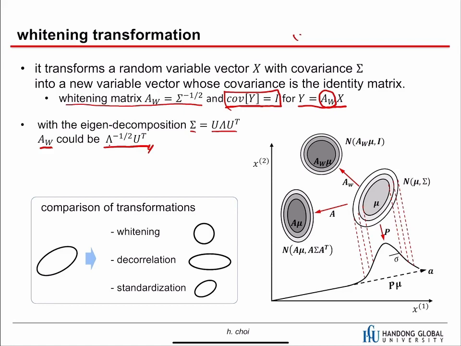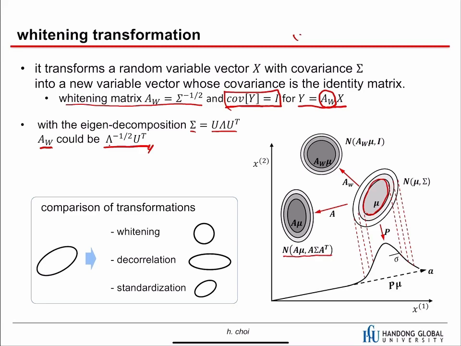Let's take a look at this figure on the right side. Let's say this one is the original Gaussian distribution, and we want to transform it into some other vector space by matrix A. Then in general, y has this distribution.